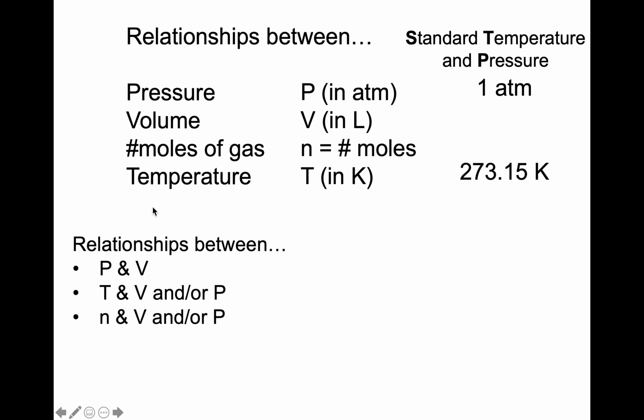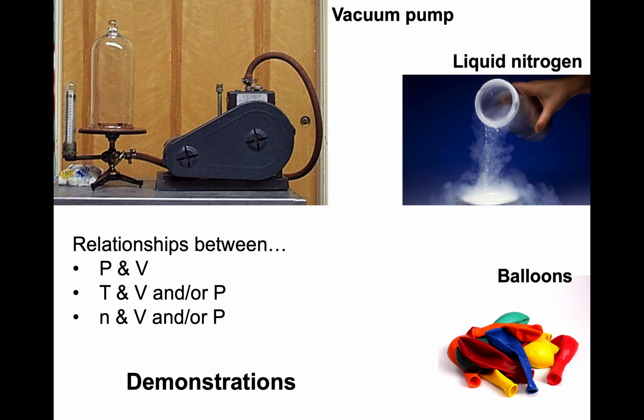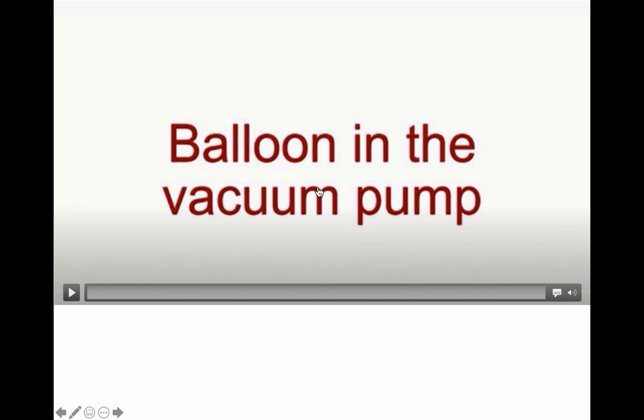You might know some relationships between these, between things like pressure and volume, or temperature and volume. Let's explore those a little bit with the kinds of demonstrations that we can consider. We can learn a lot by using simply balloons, liquid nitrogen, and a vacuum pump. Let's see what happens if we place a balloon in a vacuum pump.